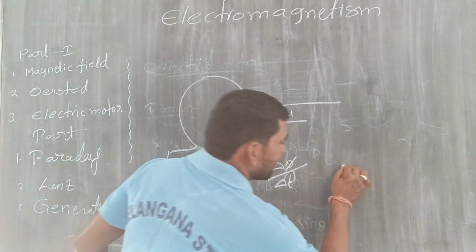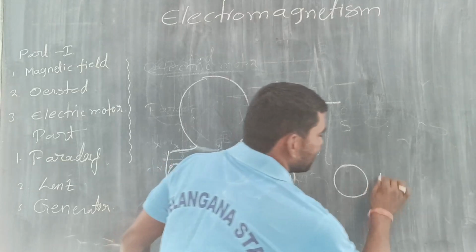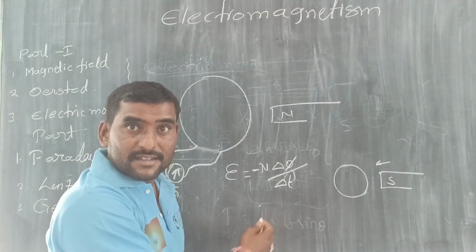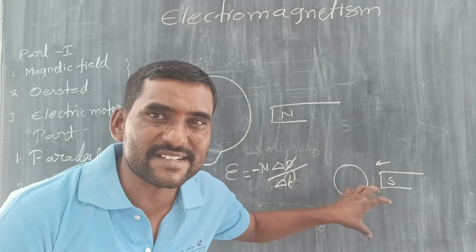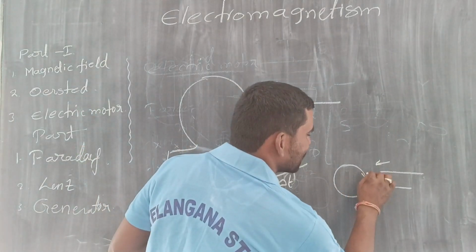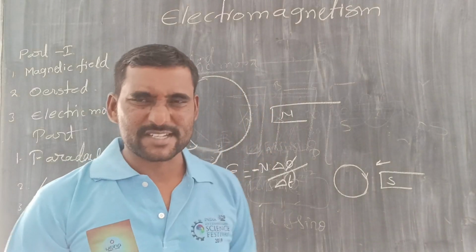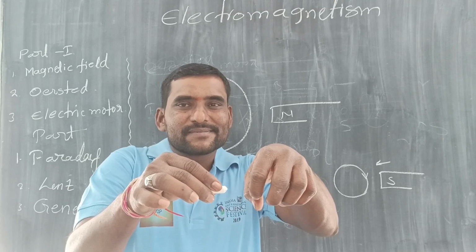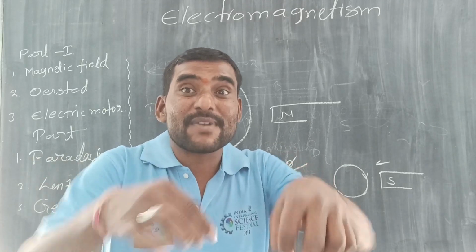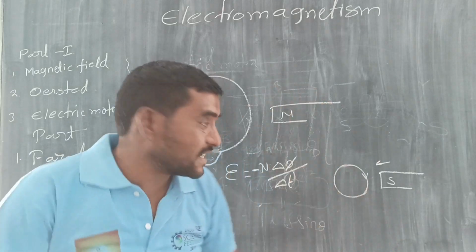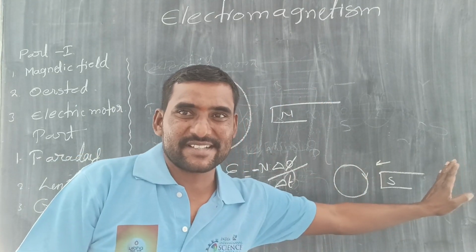So for example, if you take this as a coil and this is the south pole, if the south pole is coming towards the coil, current will be created. In which direction? Lenz says the current is created in the clockwise direction, because the south pole is coming. When it is coming, flux will increase. Current will appear in the direction that decreases the flux, so it has to oppose.